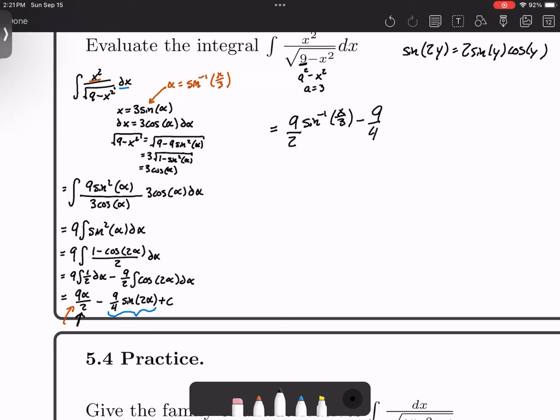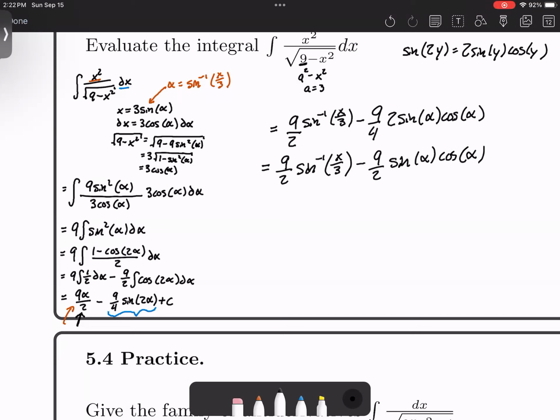So sine of 2 alpha becomes 2 sine alpha cosine alpha. And we see a little bit of simplification there. This becomes 9/2 arcsine x over 3 minus 9/2 sine alpha cosine alpha.